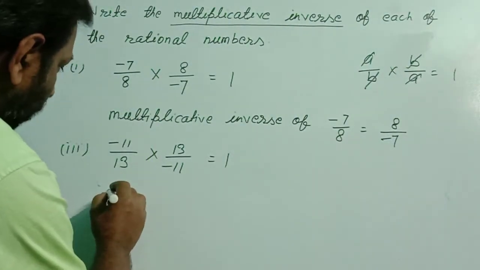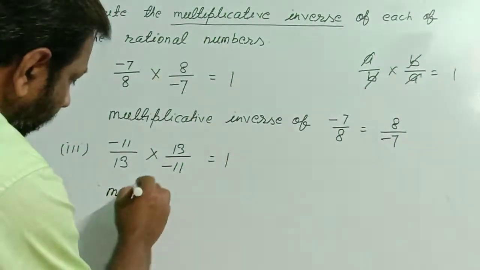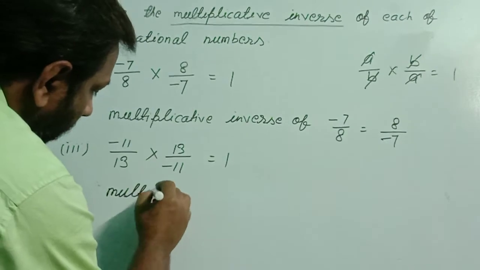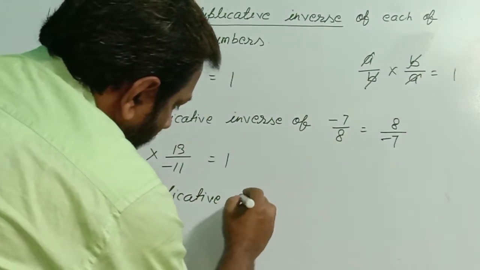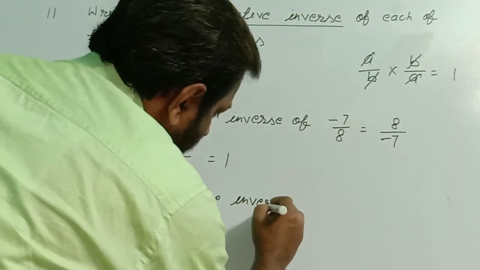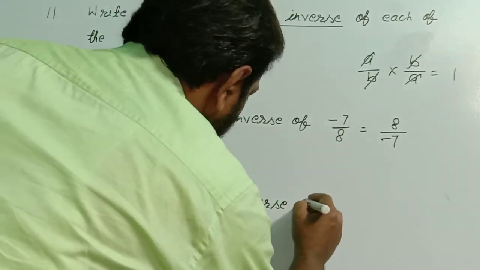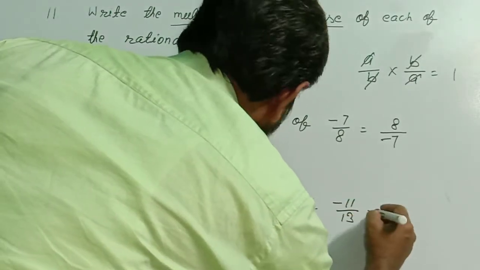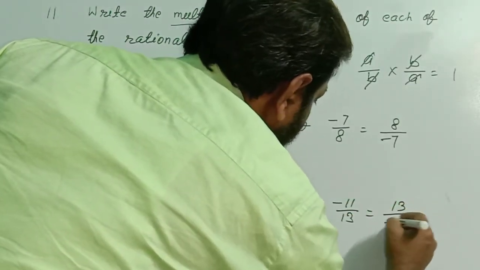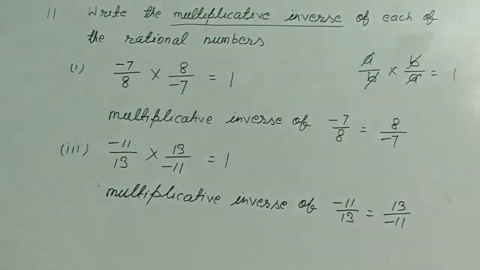So the answer will be: multiplicative inverse of minus 11 by 13 is equal to 13 by minus 11. So you saw these two explanations, additive inverse and multiplicative inverse.